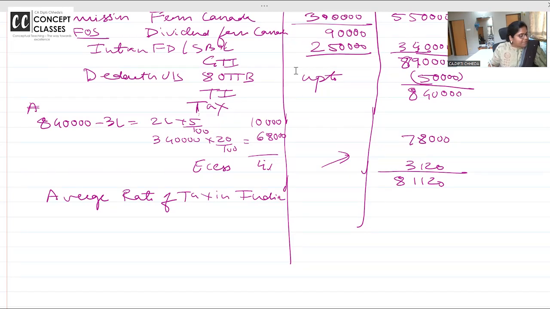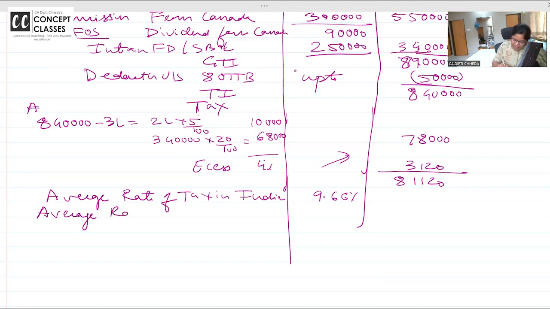Correct? 81,120 divided by 840 into 100. So that is 9.66% average rate of tax in India.